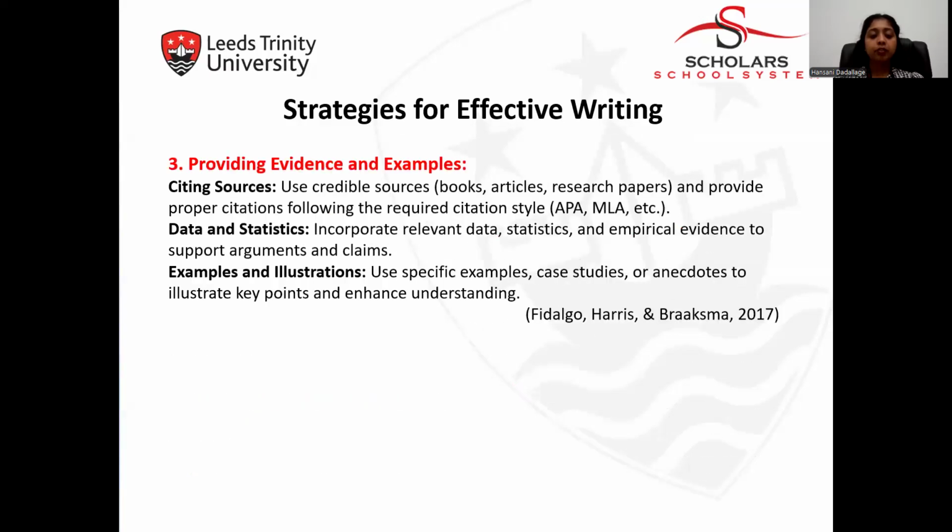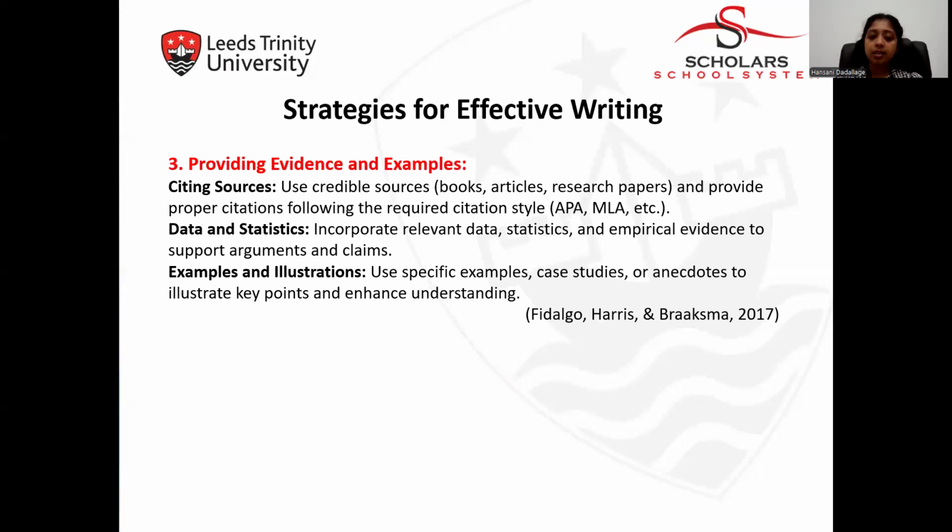Then the next strategy for effective writing is providing evidence and examples, which is mandatory. You have to cite sources which you are using for your assignment or for your writing. You have to use credible sources, as you know. Credible sources include books, articles, and research papers, and you have to cite them properly using APA style.